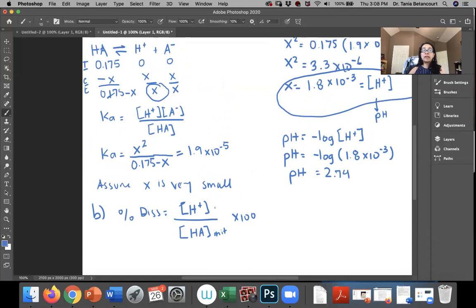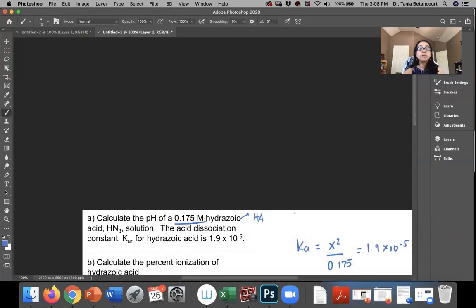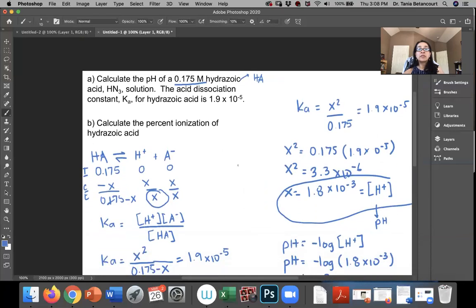So we're gonna come back here and add that information. The hydrogen ion concentration is 1.8 times 10 to the negative 3 divided by the starting concentration. Going back to the beginning of the problem, we can see that the starting concentration was 0.175 molar. That's actually what we had put initially on our ICE chart.